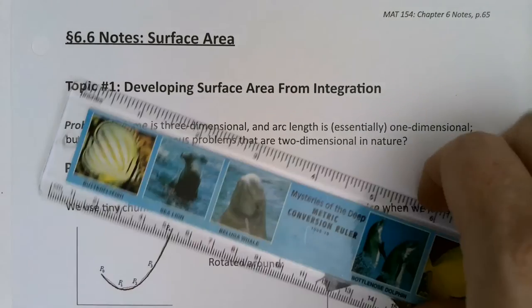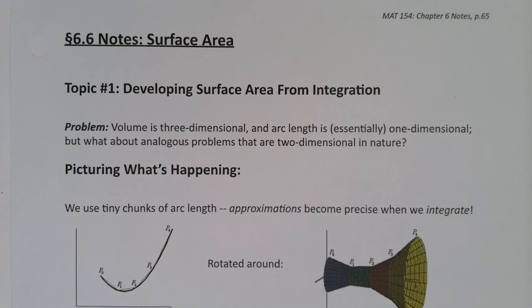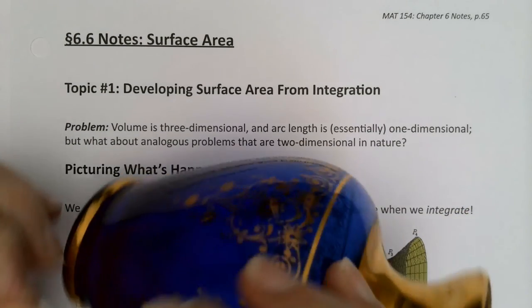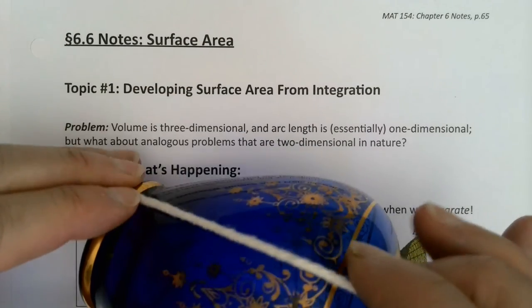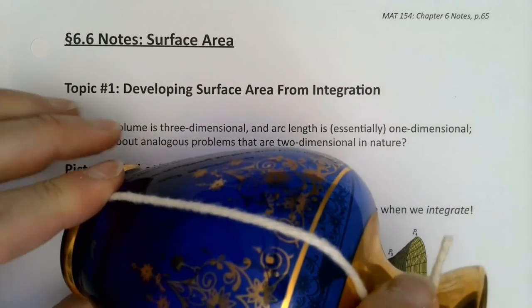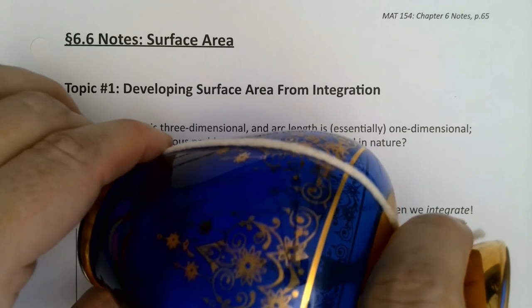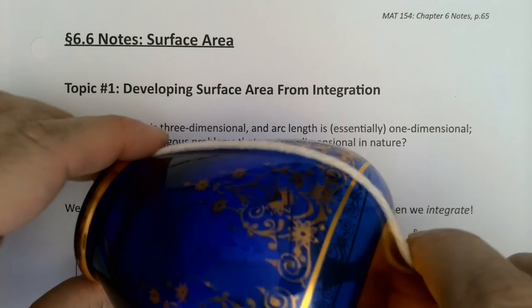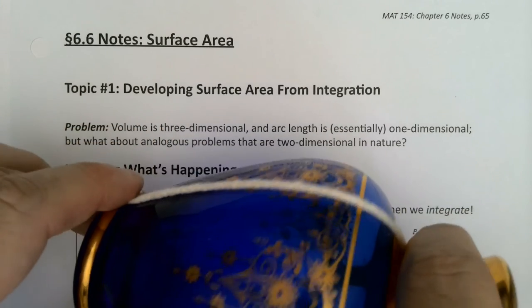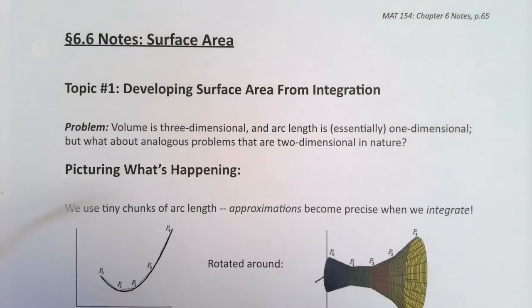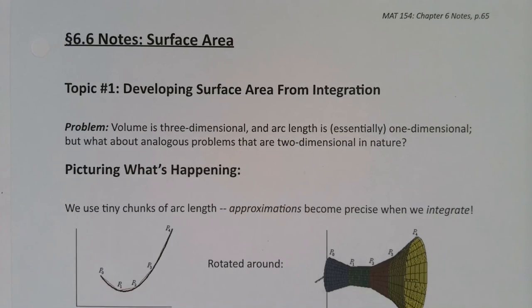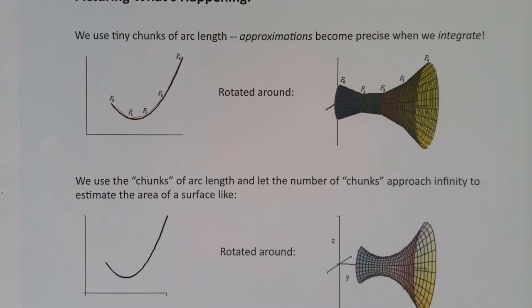But what if I stack them up? What if I take my arc of this string and start wrapping it around the object? String after string after string, stacking them up as they go around. Well, then what would I have? Then I'd have the surface area, right?